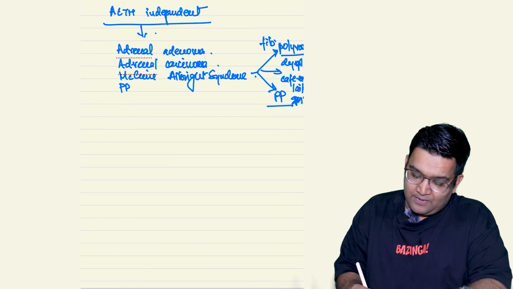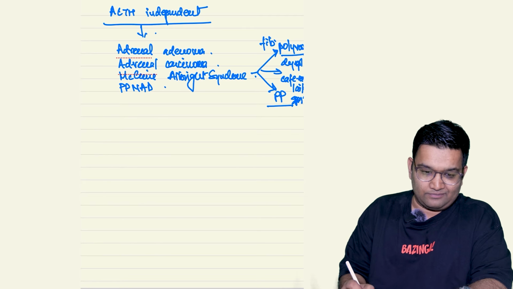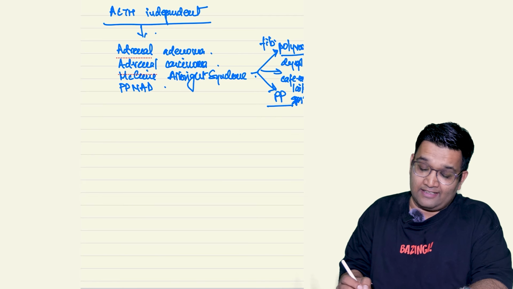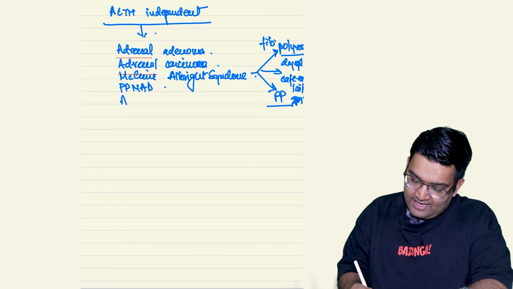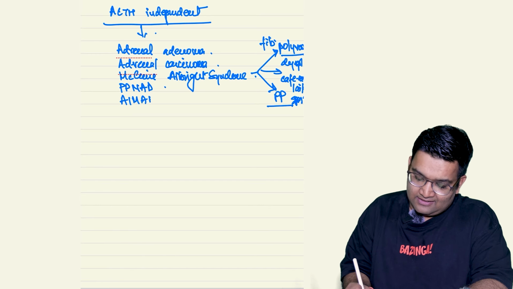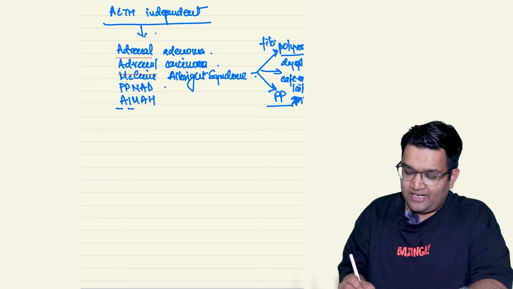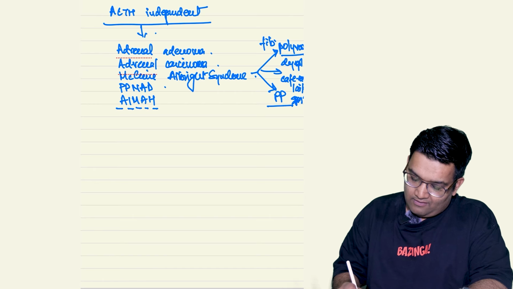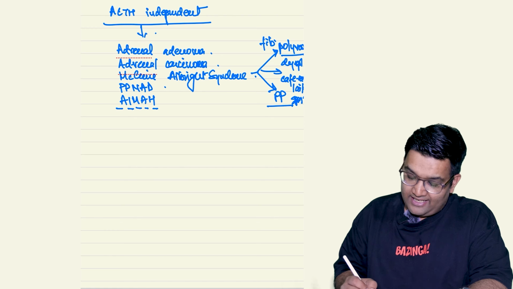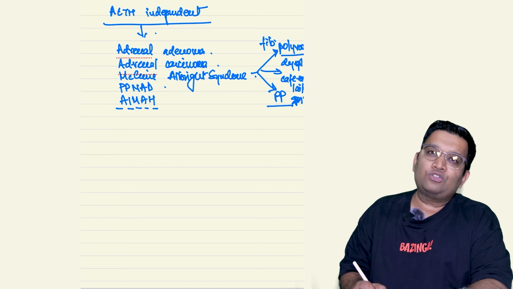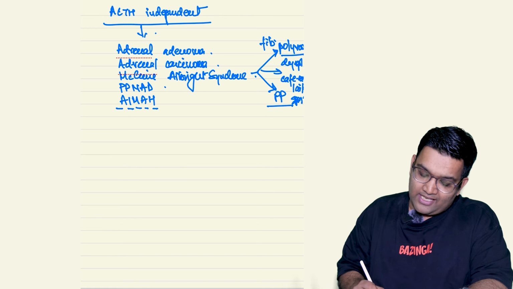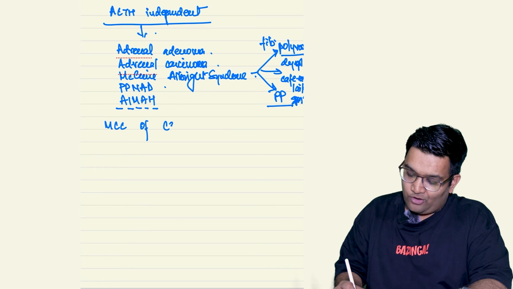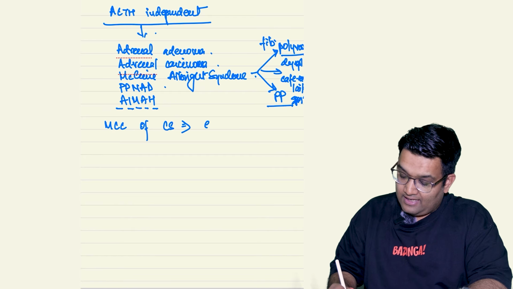Then there is PPNAD, primary pigmented nodular adrenal disease, and AIMAH, that is ACTH independent macronodular adrenal hyperplasia. So these are the ACTH independent causes. Now coming on to certain miscellaneous causes, we can say that the most common cause of Cushing syndrome is exogenous.